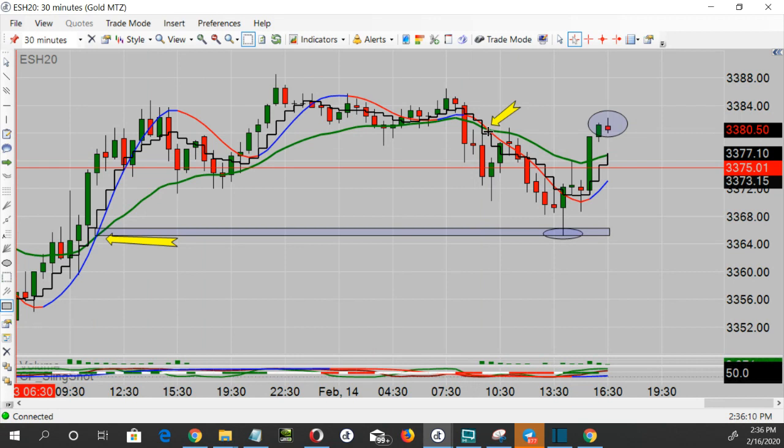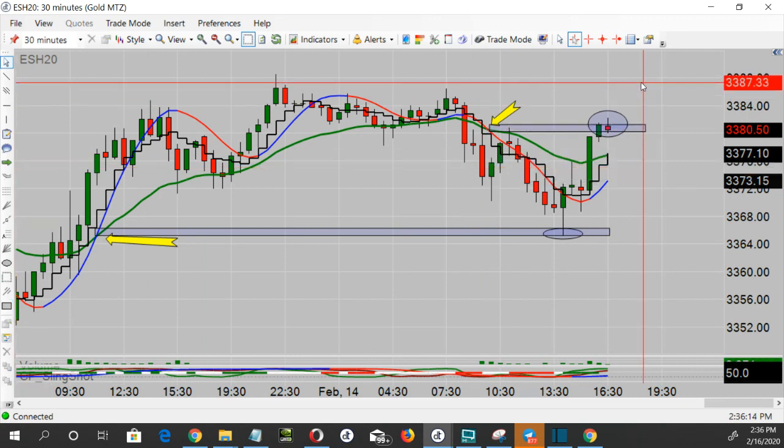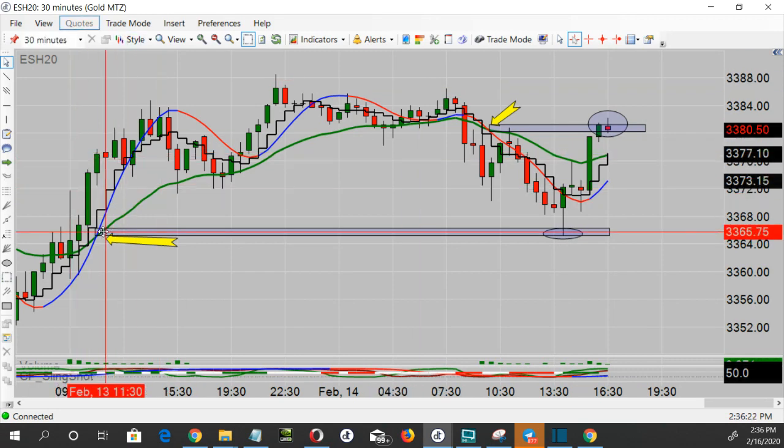Well, it's telling us that when price gets back to this part of town, you probably better look for some resistance. So there you have it. Anybody that tells you support and resistance is old-fashioned, old school, dead, you just can't trade that way anymore. Well, I'm here to tell you they're wrong.